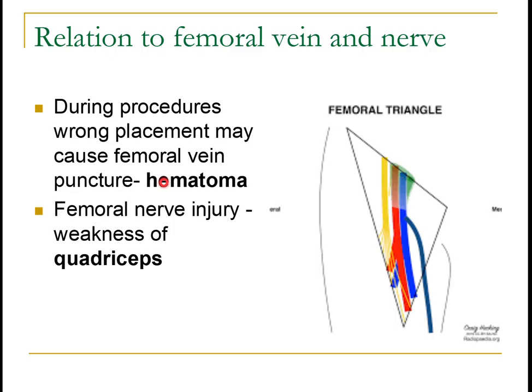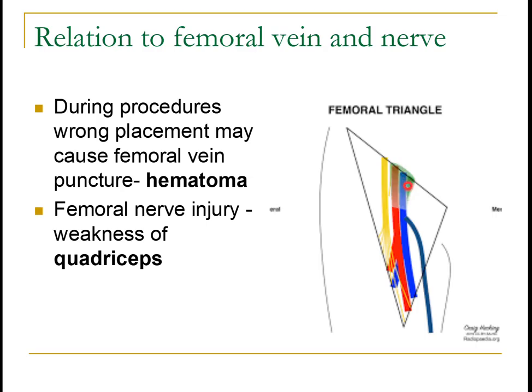Now, during these procedures, wrong placement of the needle in the femoral artery can result in injury to the femoral vein. So, we have to know the relation of the femoral vessels. If you see from lateral to medial, the first structure is the femoral nerve, then the artery and vein.